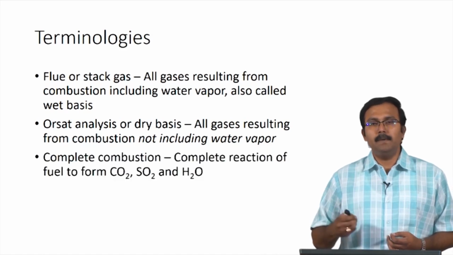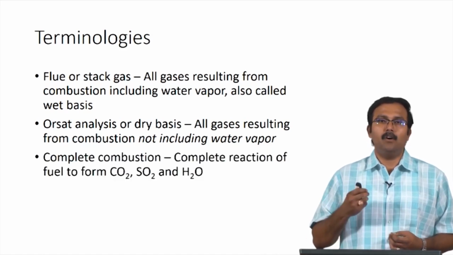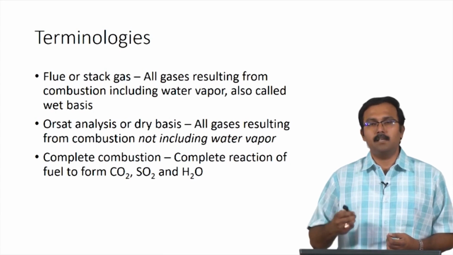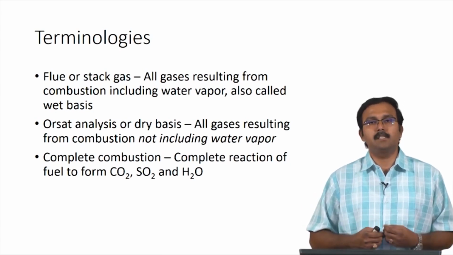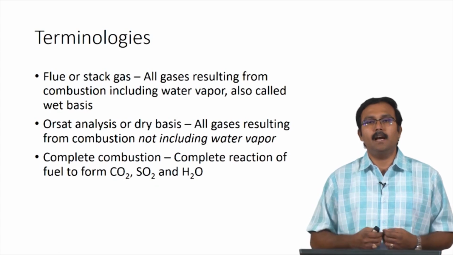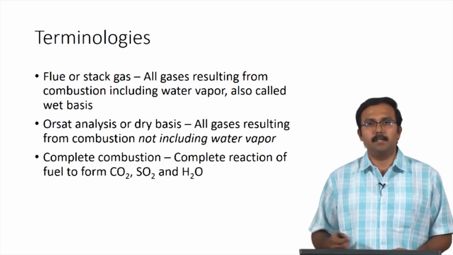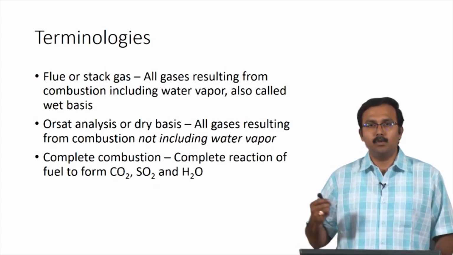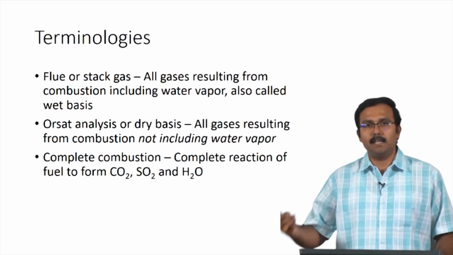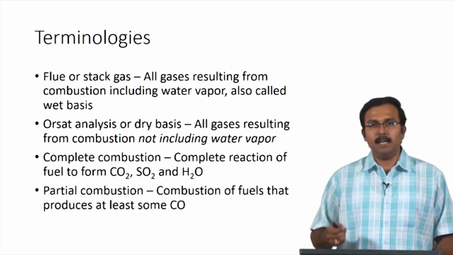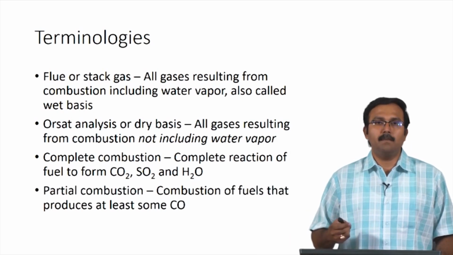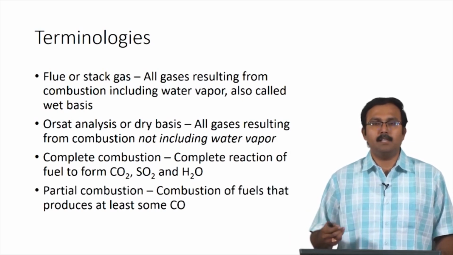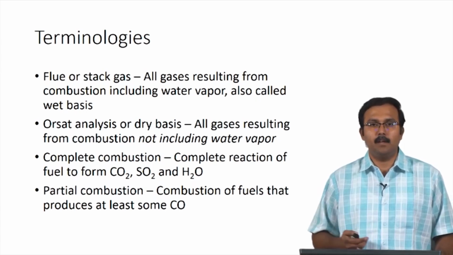You have complete combustion, which represents that all the carbon is converted to carbon dioxide, sulfur is converted to SO2 and hydrogen is converted to water vapor. Only when this reaction goes to completion, these particular product gases are formed. So, you have partial combustion where some of the carbon can be left as carbon monoxide instead of being converted to carbon dioxide.